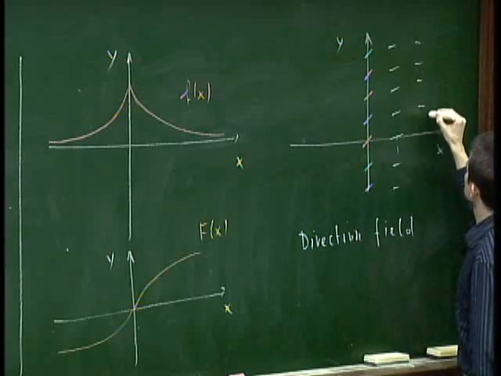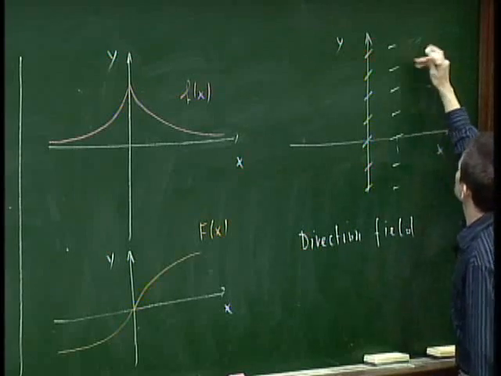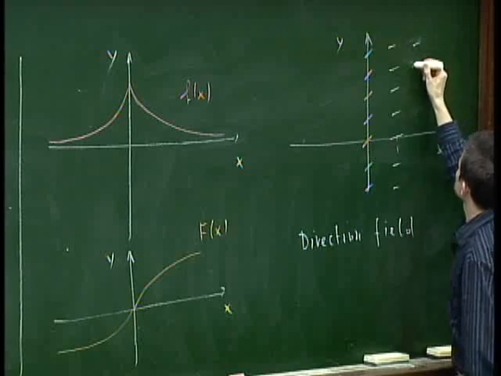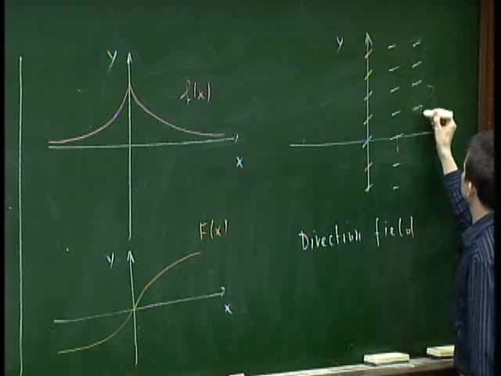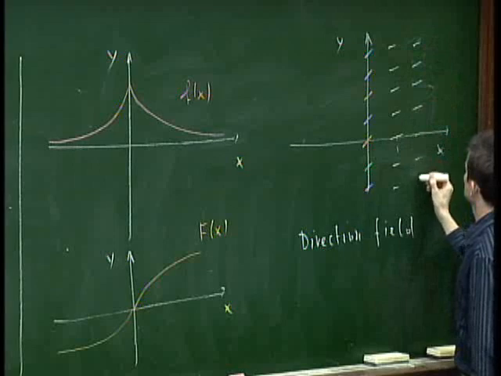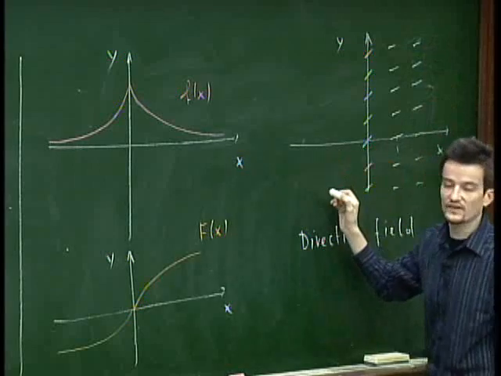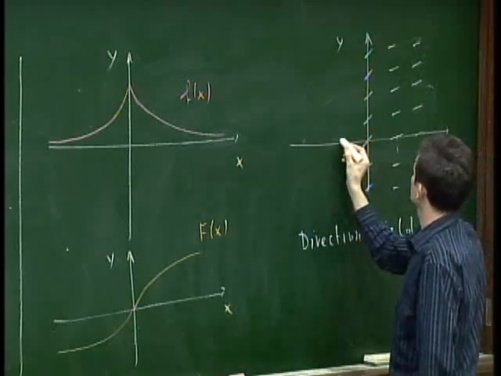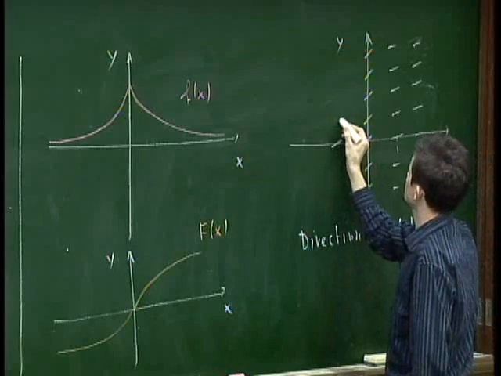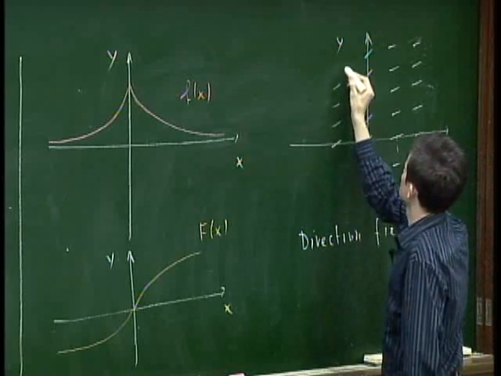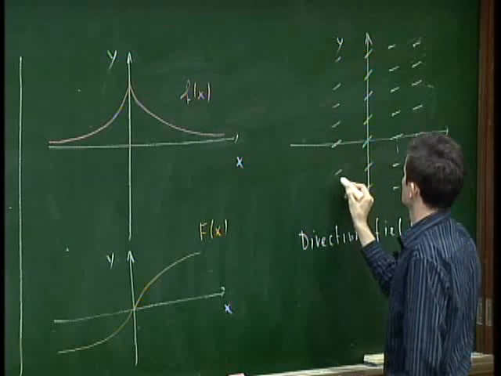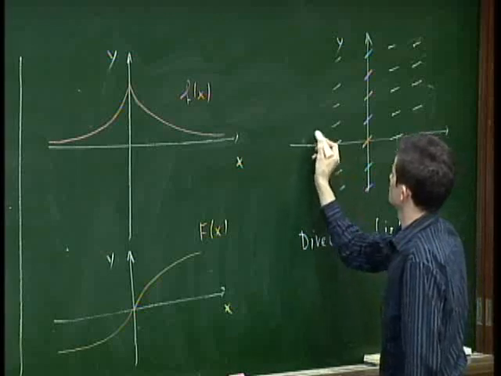I don't know. It's still positive, of course. I'm not very good at drawing something like this. And in the other direction, you have the same. For instance, at -1, you have the same because it's symmetric. Then it's getting even flatter.